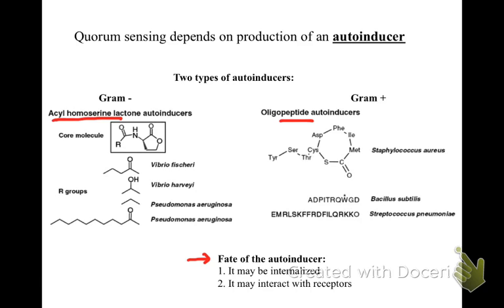In some cases, it is internalized, and that was the example with Lux that I talked about, where the autoinducer came into the cell and bound to the LuxR protein. We'll also look at an example later where the autoinducer actually interacts with a receptor protein on the surface of the cell and activates a cascade of events inside the cell.